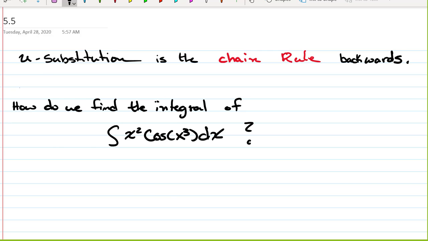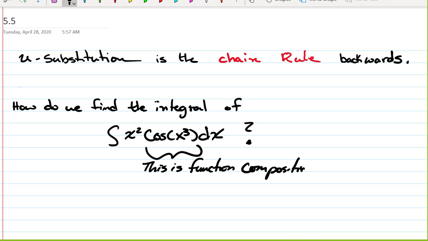A couple of things we want to take note of: inside of our cosine function right here, this is function composition. When we have function composition, this is a telltale sign that we are going to need to do a U-substitution, because the U-substitution undoes the chain rule, and the chain rule was how we took the derivative of something with composition.